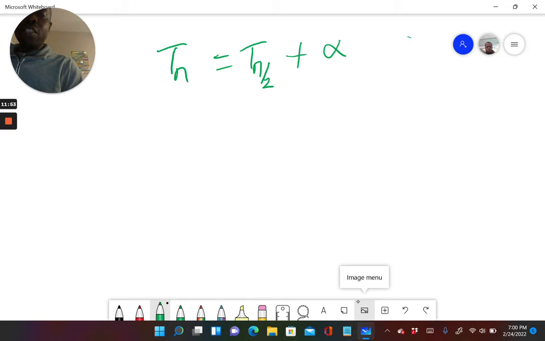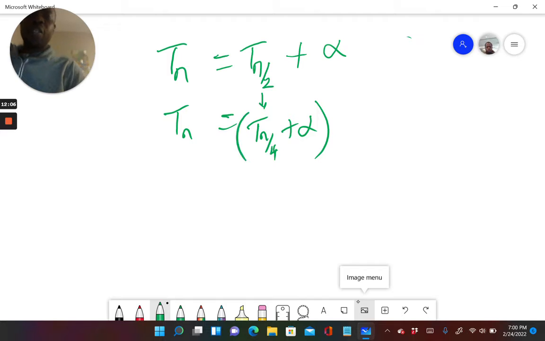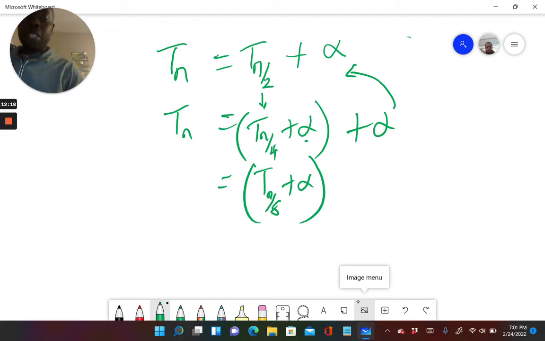That means your T(n), if you work on this n/2, your T(n/2) becomes T(n/4) plus alpha, then plus this alpha here. See? Again, your T(n/4) becomes T(n/8) plus alpha, plus this alpha, then plus this alpha here.